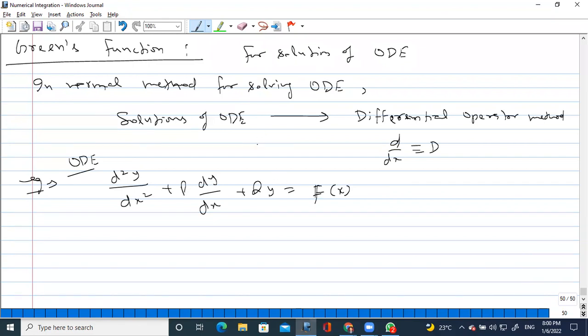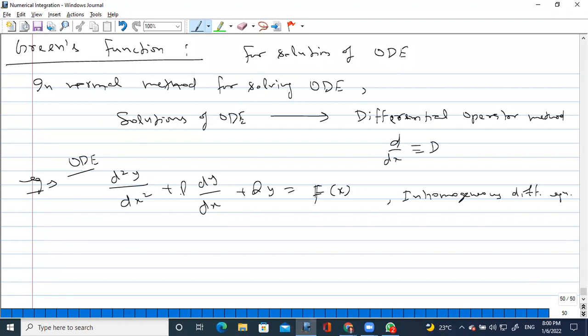Here, if the right hand side is 0, then such an equation is known as a homogeneous differential equation. But because some function of x is there on the right hand side, it is known as an inhomogeneous differential equation. Understood?